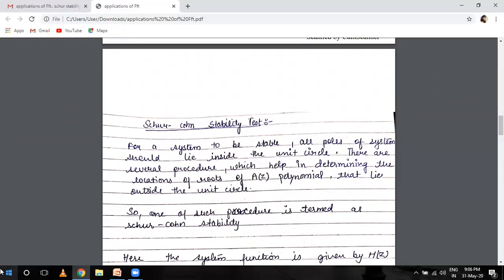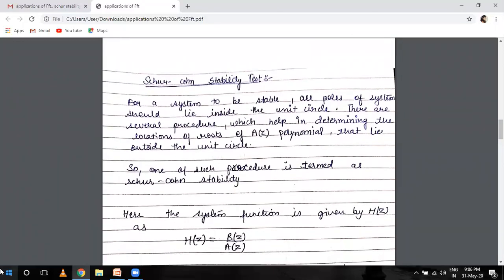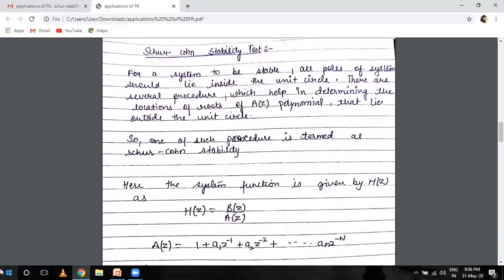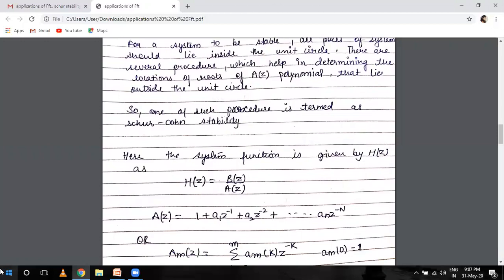In the Schur-Cohn stability test, for a system to be stable, all poles of the system should lie inside the unit circle. There are several procedures which help in determining the location of roots of a polynomial that lie outside of the unit circle. One such procedure is termed the Schur-Cohn stability test.